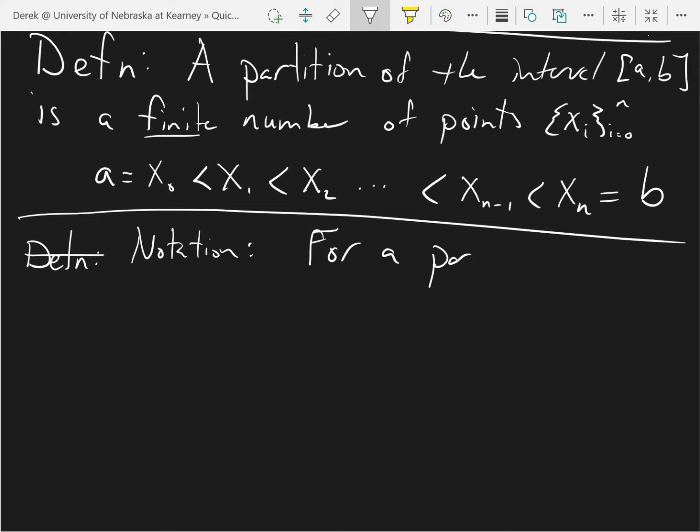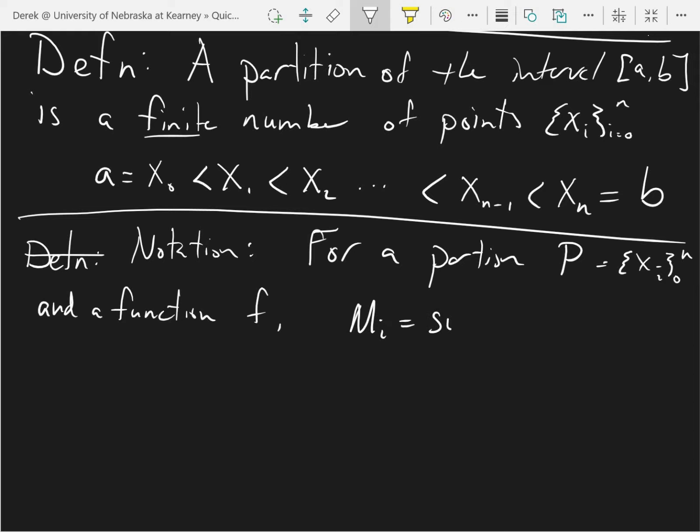For a partition P equal to xi from 0 to n, Mi we're going to call the supremum for a partition P and a function f.